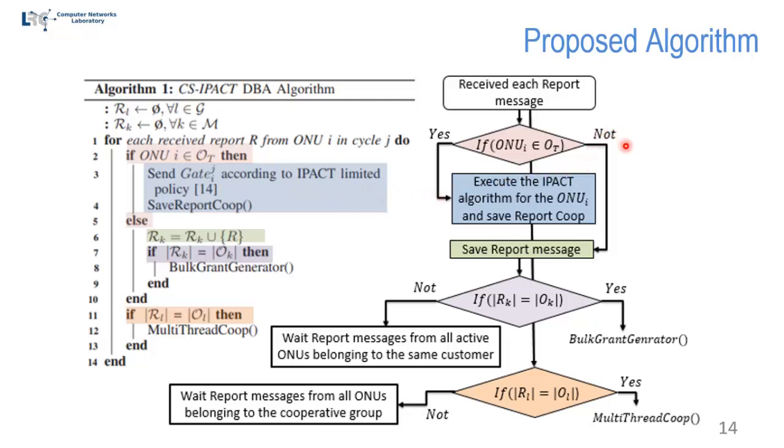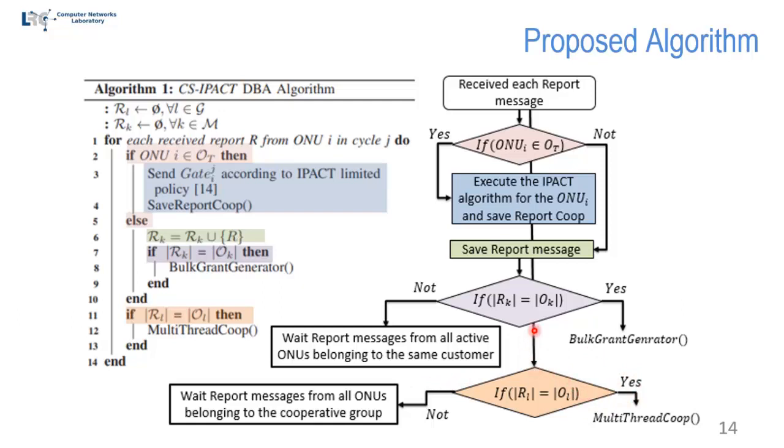However, if the report message comes from a multi-ONU customer, the OLT stores the report message and waits for the report messages from all ONUs in the same multi-ONU customer before issuing and sending the gate message to those ONUs. Moreover, the OLT also waits for the report messages from all ONUs belonging to the cooperative group before issuing and sending the gate message to the cooperative customer.